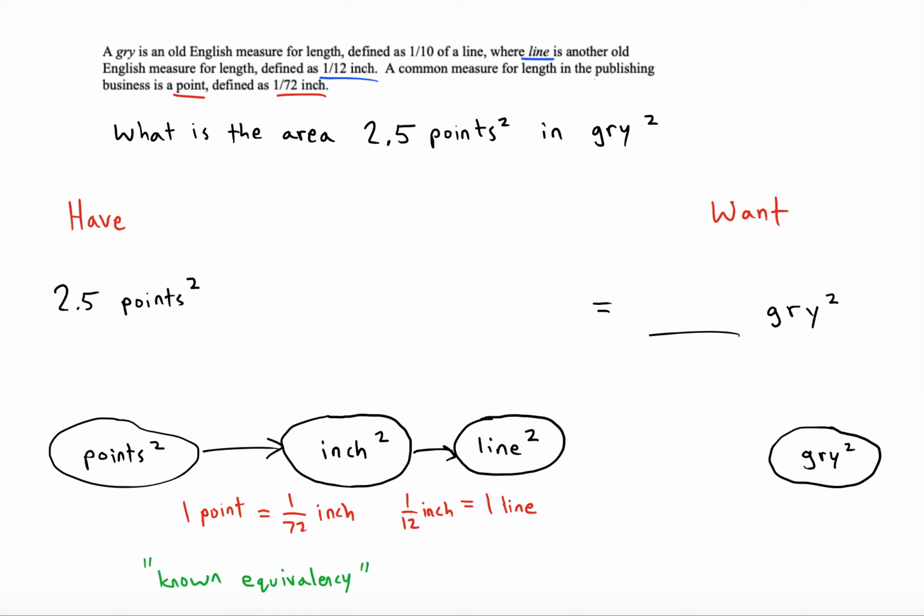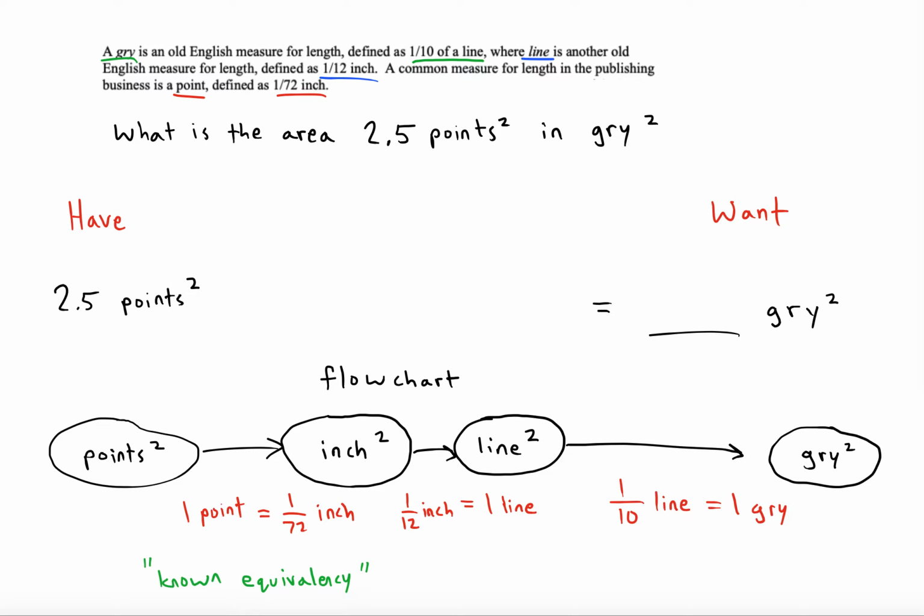All right, and then we could finally go to GRY because we see that 1/10 of a line is a GRY. Okay, so 1/10 line equals 1 GRY. So that's our flow chart of how we'll get from one point to the next.